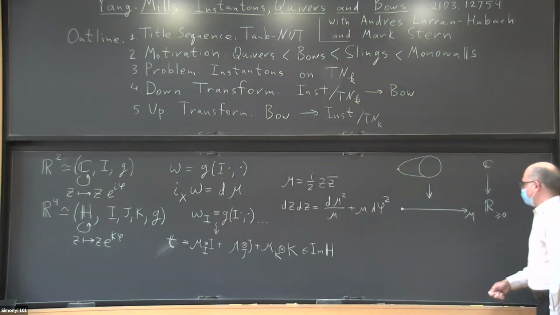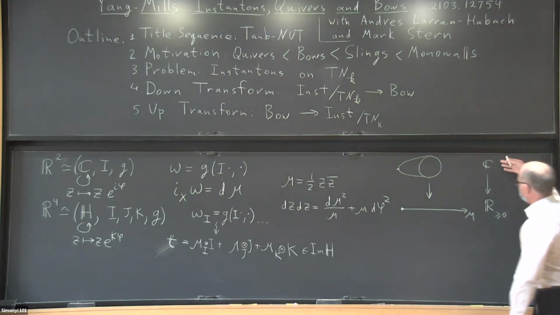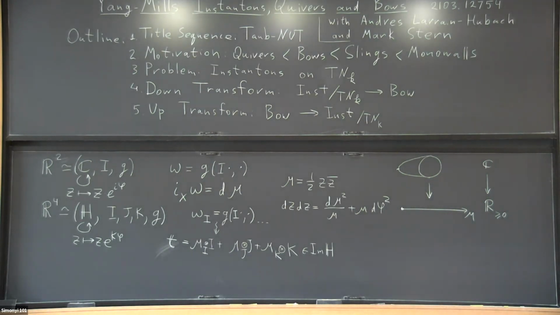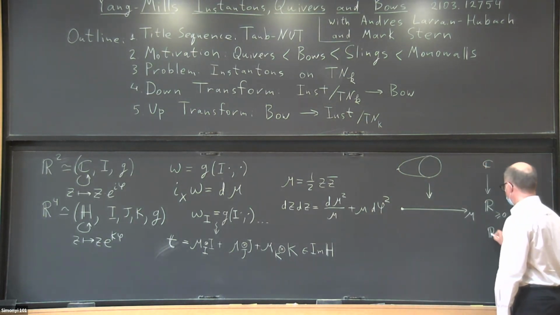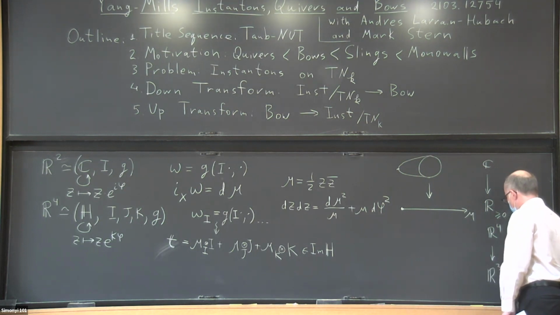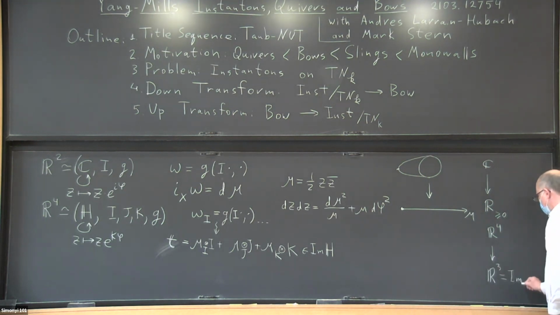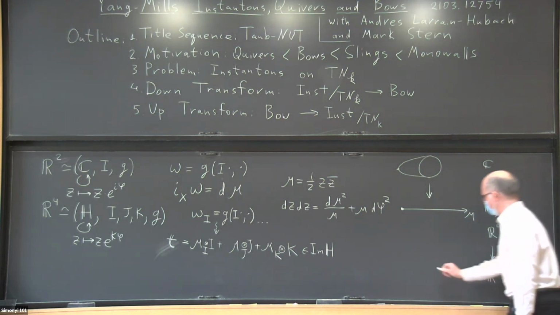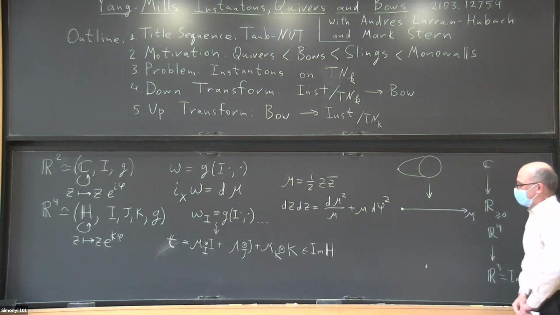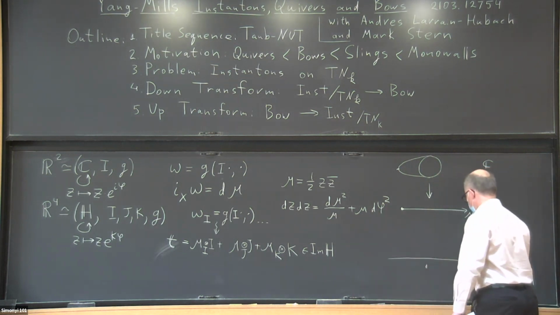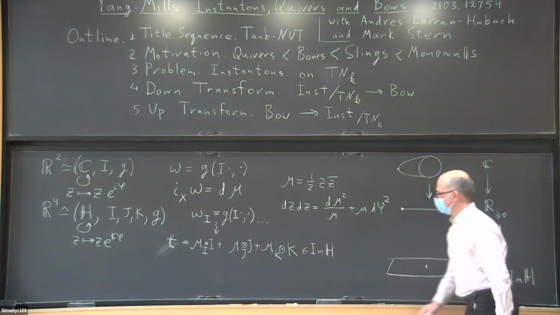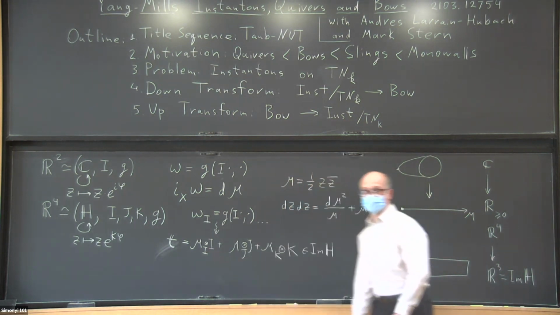So now my radial coordinates. Before, we took a plane and mapped it into a ray. And now we have R4 mapped to R3, the imaginary quaternions. So if you wish, now we have three radial coordinates, the values of the three moment maps.